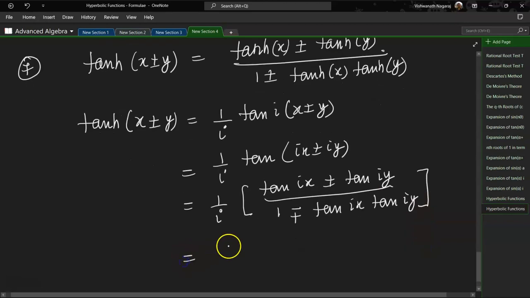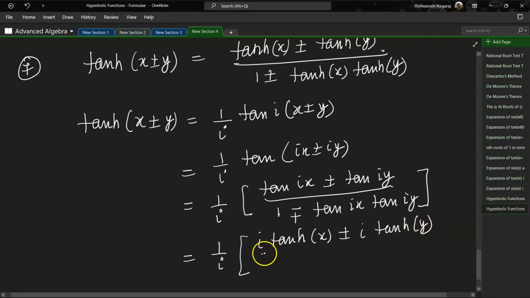Okay. Now 1 by i, let's convert it back. So this becomes i hyperbolic tan of x plus or minus i hyperbolic tan of y divided by 1 minus plus i hyperbolic tan of x and i hyperbolic tan of y.